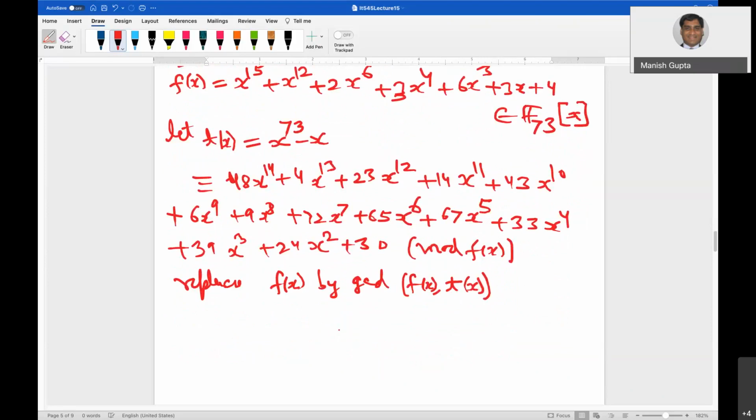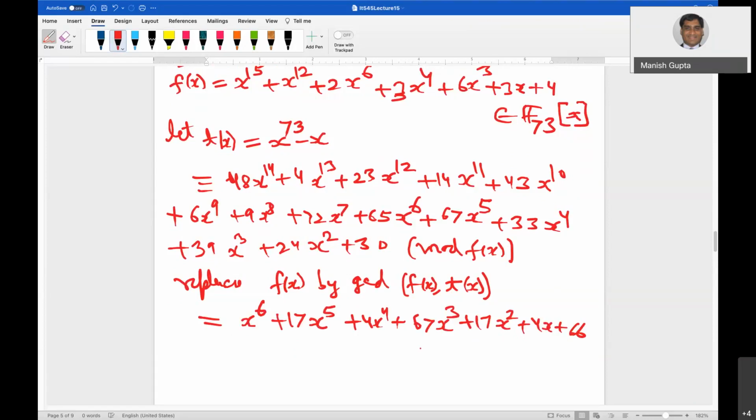Look at this GCD. It turns out that this is x raised to 6 plus 17 x raised to 5 plus 4 x raised to 4 plus 67 x cube plus 17 x squared plus 4x plus 66.